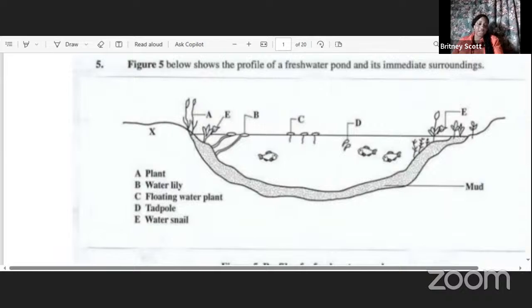Kishore said biotic: plant and water lily. That's correct. What is B and C? I'm the reader. I don't know what is B and C, so be more specific.